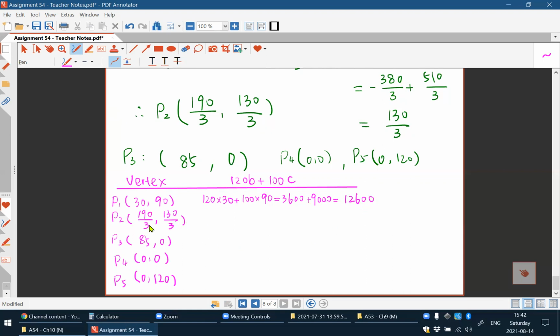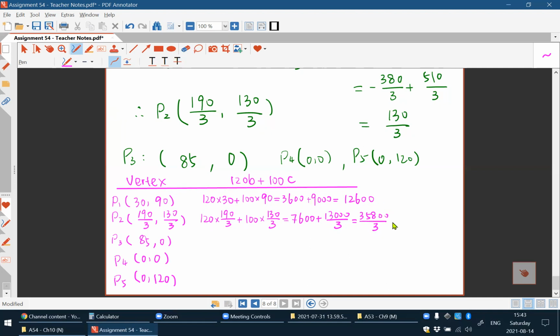Okay, second vertex P2: 120 times 190 over 3 plus 100 times 130 over 3, which is 7600 plus 13000 over 3, which is 35800 over 3.